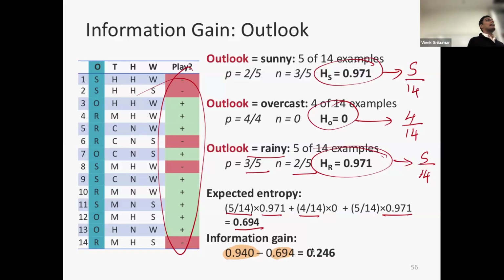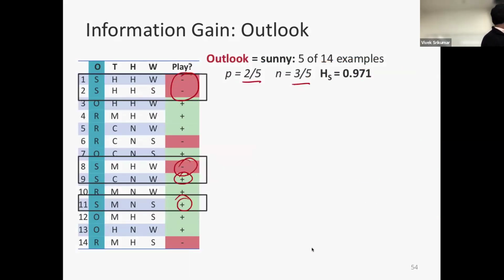No, we are calculating the entropy of the label. So this thing here is the entropy of the label for the subset of the data where the attribute takes this value. In particular, the thing that I just highlighted is only using those 5 examples. It's still the entropy of the label for that subset.